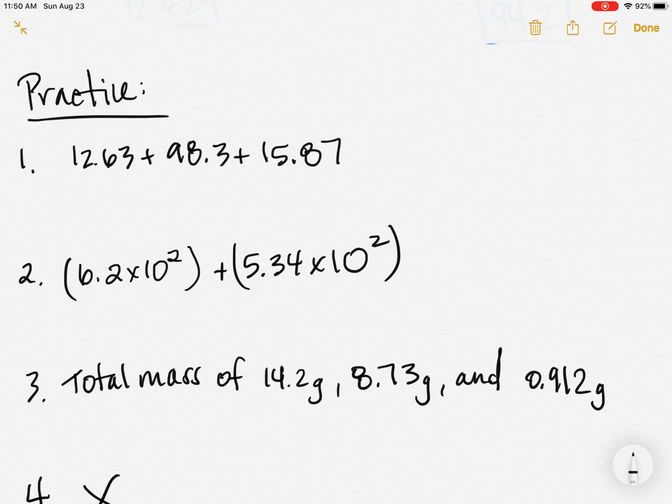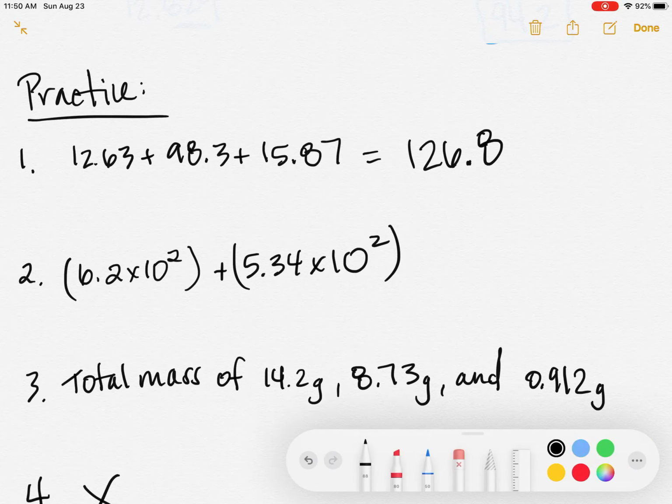All right, so the first one wanted us to add these 3 numbers together. So that is the easy part. So when I add them all together, I get 126.8 is what my calculator tells me. We're adding, so the rule is decimal places.